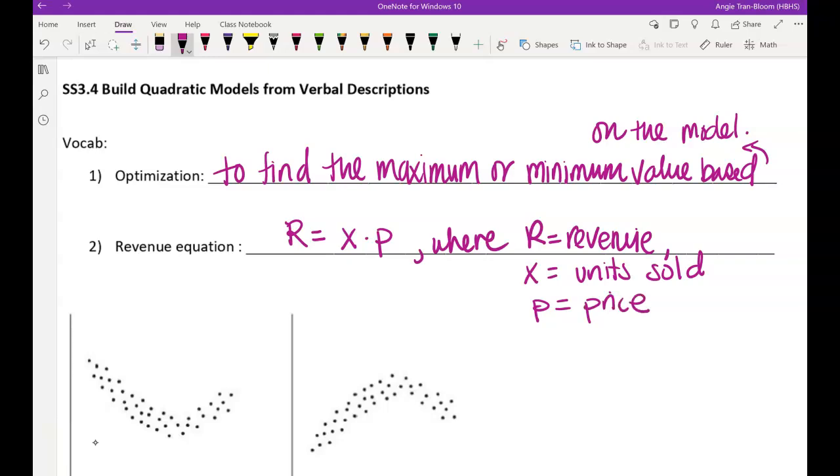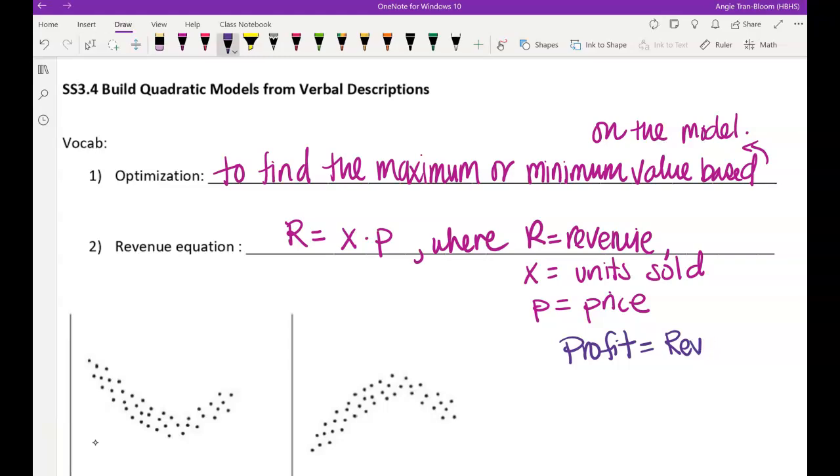Now, remember, the revenue is how much money a store is going to take in after selling X units at a certain price. It's not the same as profit, so I just want to go a little bit further here.